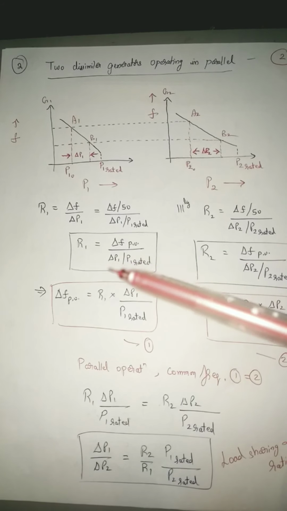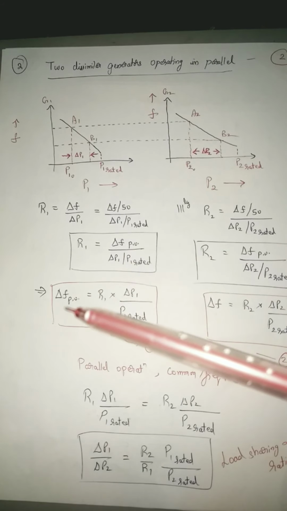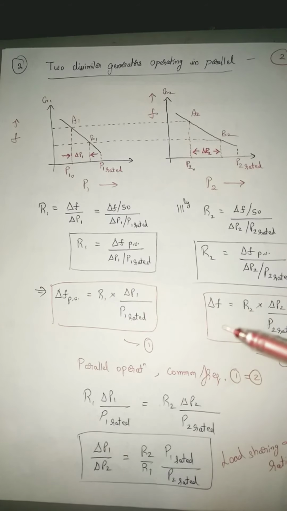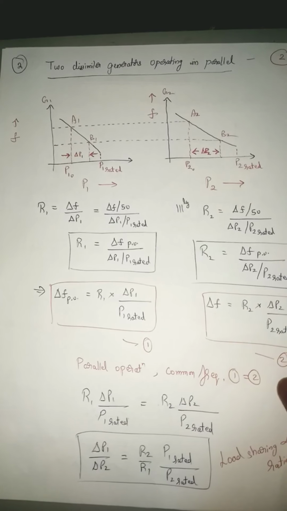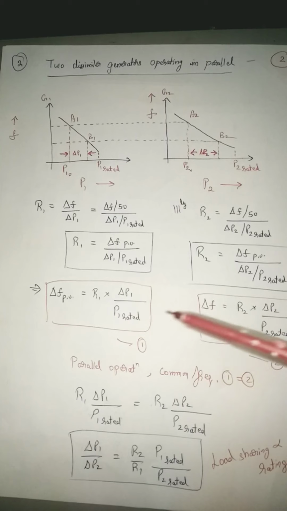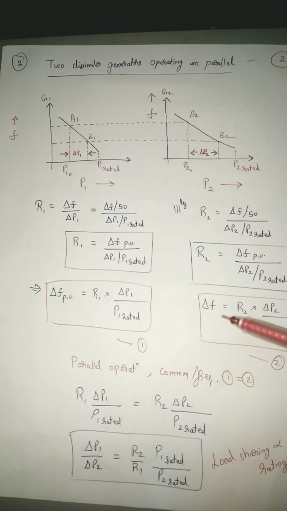Now I'll just rearrange this expression and I'll get an expression for delta F per unit, which is given by R1 into delta P1 by P1 rated, and here delta F is equal to R2 into delta P2 divided by P2 rated. So on both the sides we are having delta F, which is the deviation in frequency.